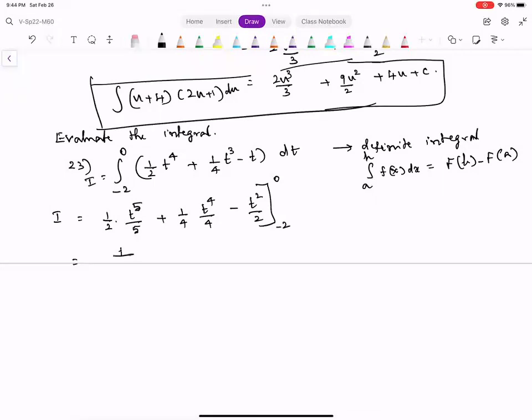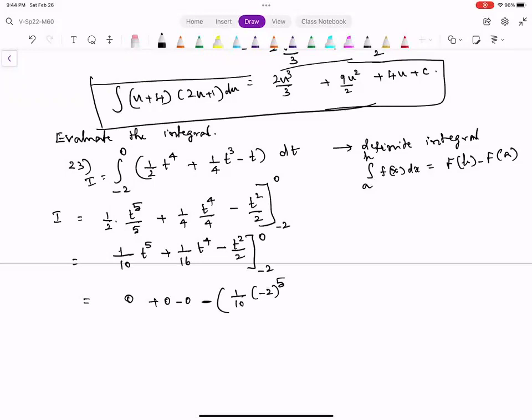So if I simplify this, it's 1/10 t to the power 5, plus 1 over 16 t to the power 4, minus t square over 2, between the limits -2 and 0. At the upper limit, all the terms involve t, so it's going to be 0. Now at the lower limit, substitute the lower limit, 1/10 times -2 to the power 5.